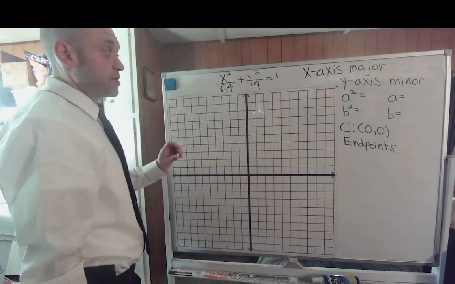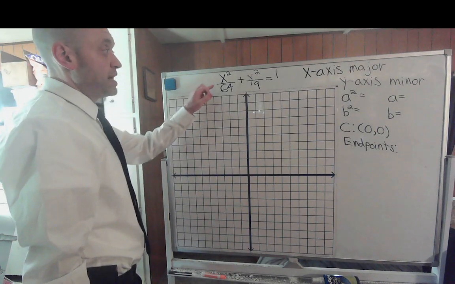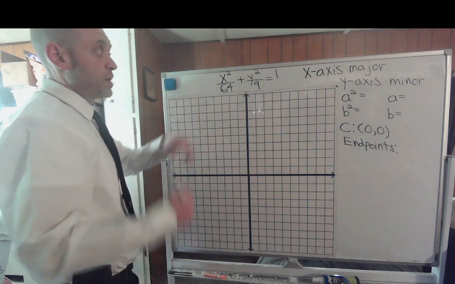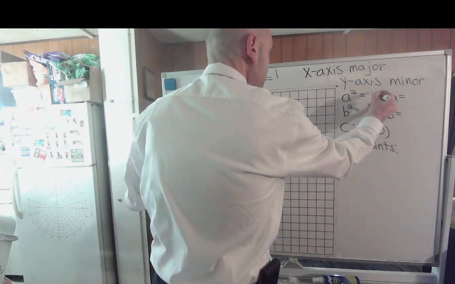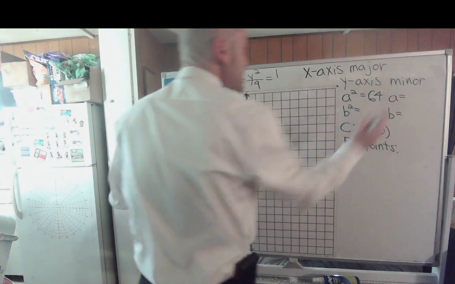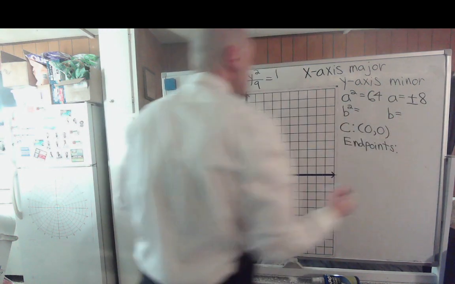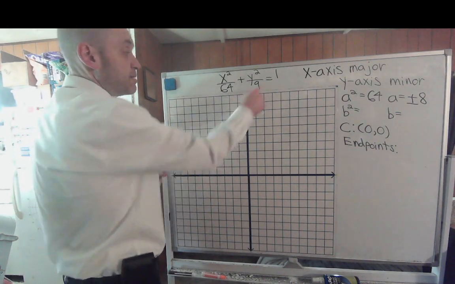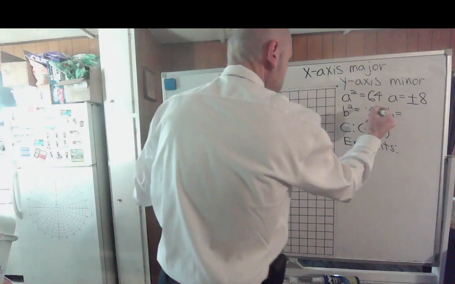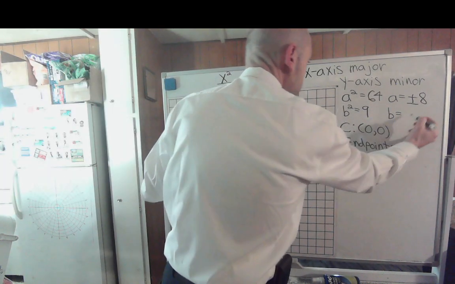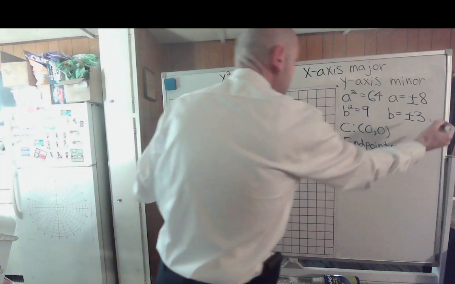Well, the bigger number, my a squared, my denominator is already a squared below the x, so a squared equals 64. That means a could only equal plus and minus 8. Now b squared, that's the number below the y, so b squared equals 9. That means b equals plus and minus 3.